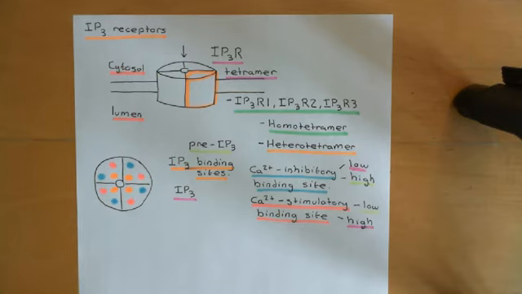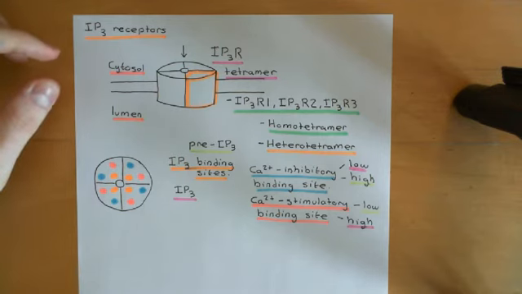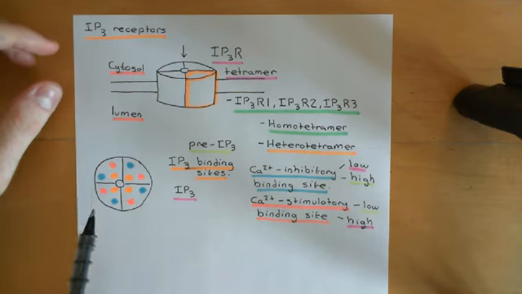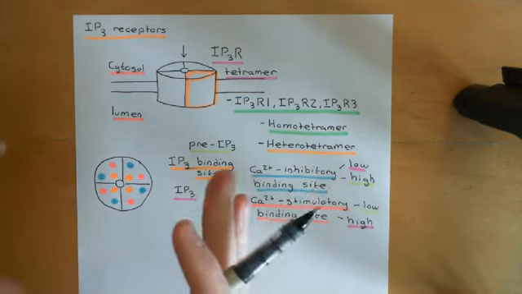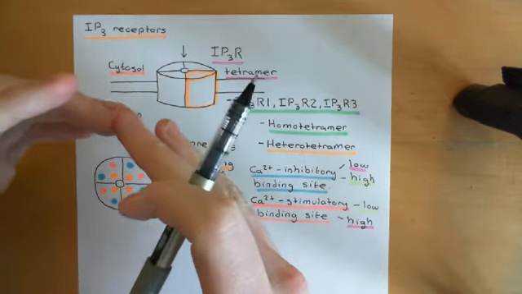However, be warned that the activation of the IP3 receptor by calcium is what is known as biphasic. So this is the genius of this. If the IP3 receptor is now releasing calcium from the ER into the cytoplasm, then the calcium concentration around this IP3 receptor is going to go up hugely.